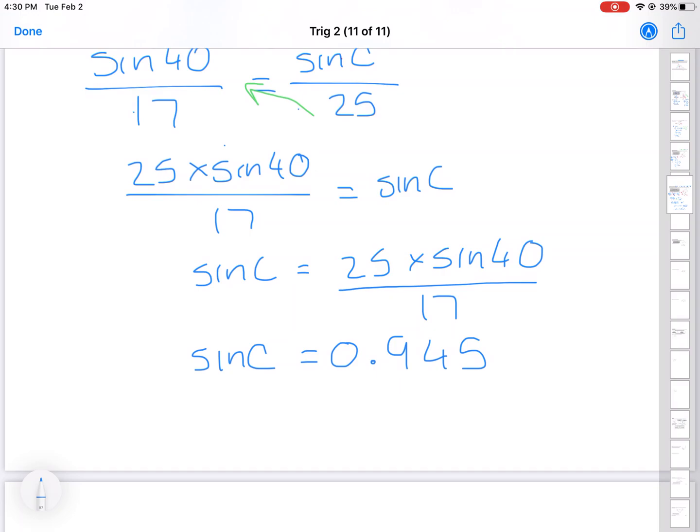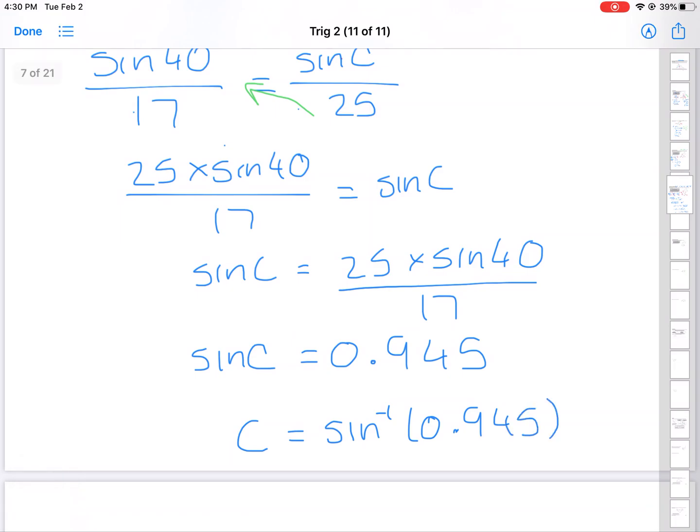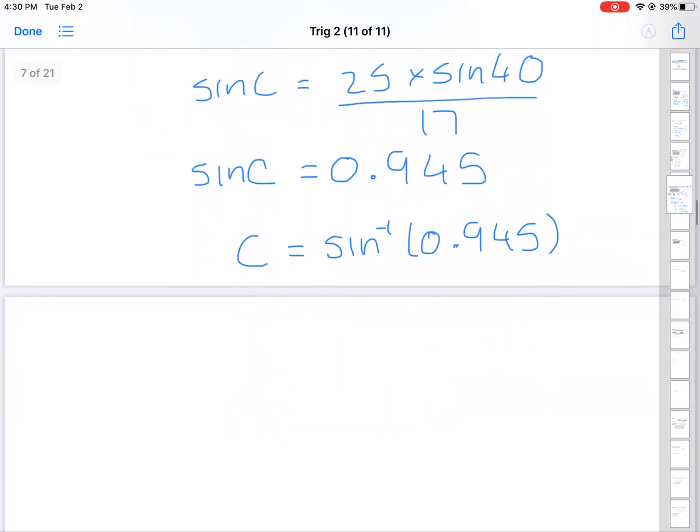And the reason for that is that we have to perform a calculation with that first before we are finished. Sine C is equal to 0.945. To find C, I have to take the opposite of sine, which is sine to the minus 1. When I do that, I apply it to the 0.945 and that will give me my answer for angle C.